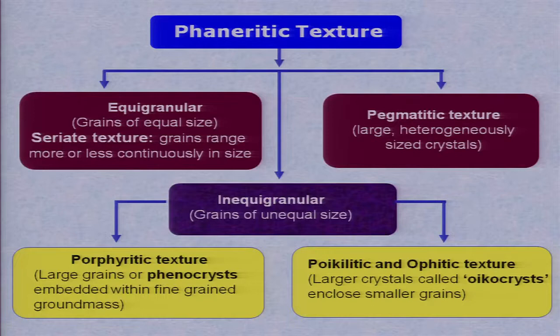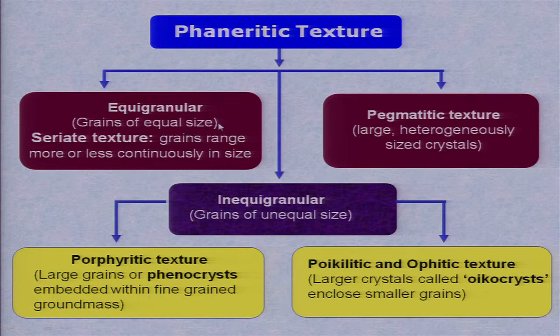Phaneritic texture is classified into two major groups based upon the grain size, the equigranular texture and pegmatitic texture. Equigranular texture is where the grains are all of equal size. In the case of pegmatitic texture, there is a difference in the grain size, and large heterogeneously sized crystals are present.